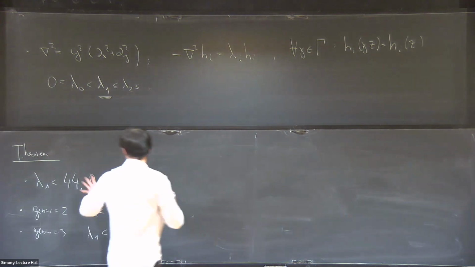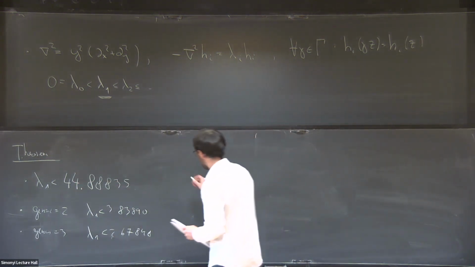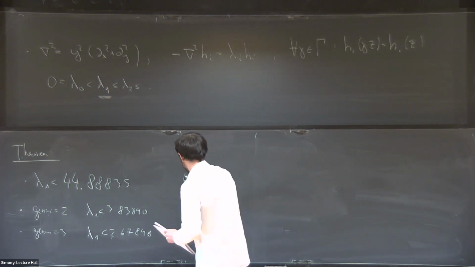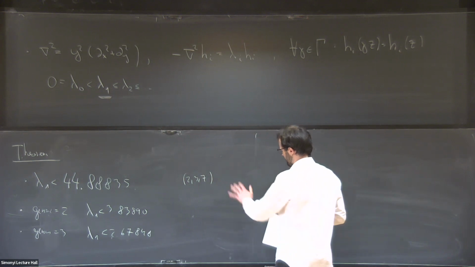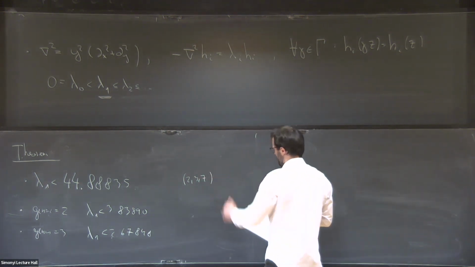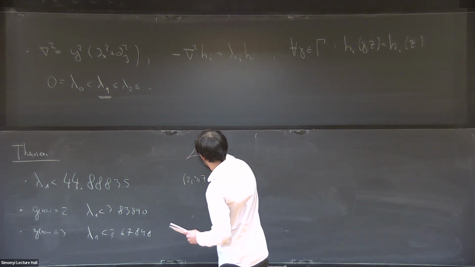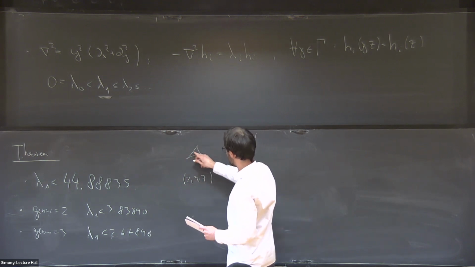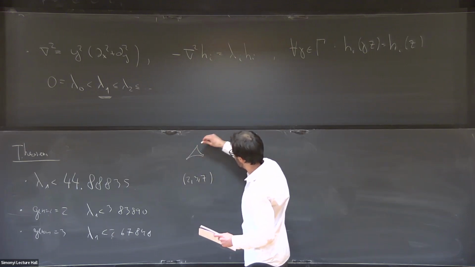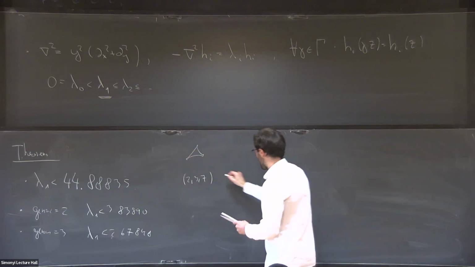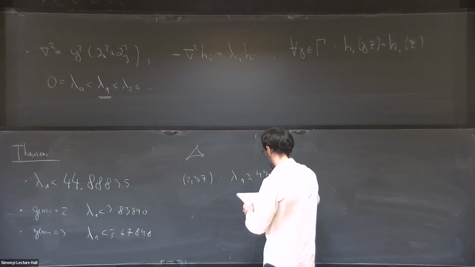The universal bound is nearly saturated by the smallest orbifold, which is the 237 triangle, derived by Siegel, that the hyperbolic orbifold with smallest volume is the 237 triangle surface. You get it by gluing together two triangles with angles pi over 2, pi over 3, and pi over 7, to get something smooth away from the orbifold points. And this one has an eigenvalue of about 44.8.